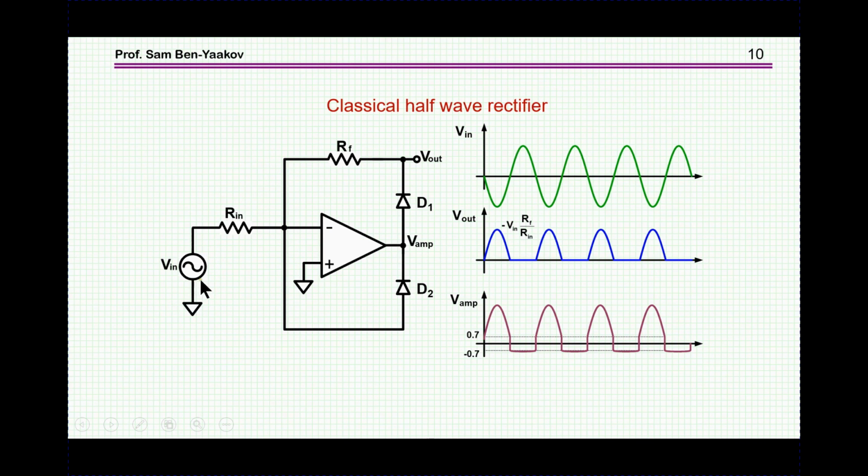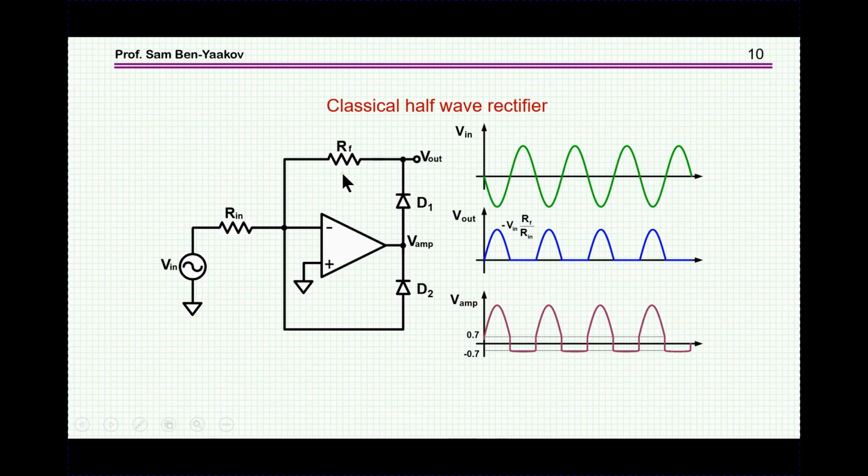In this case, it will rectify the negative-going input, and when there is negative voltage here, this is supposed to be positive, and indeed conduction will commence here. You'll have a positive output, and the output will be the input times RF over Rn, of course with a negative sign. This will be the gain.